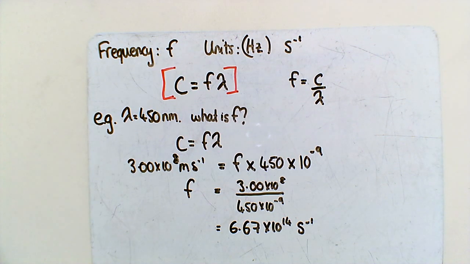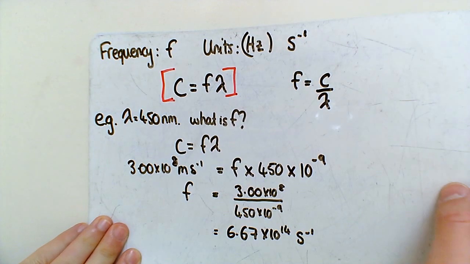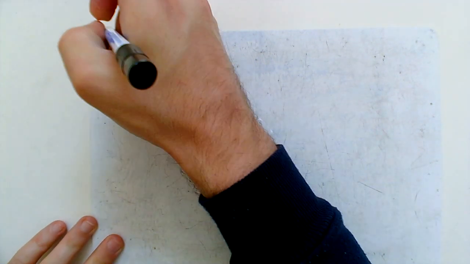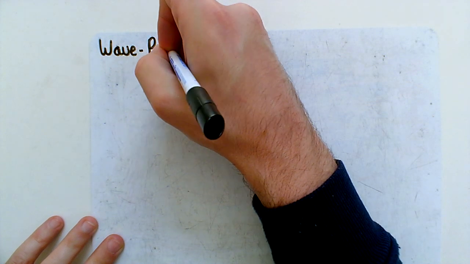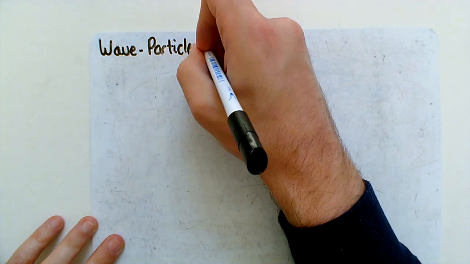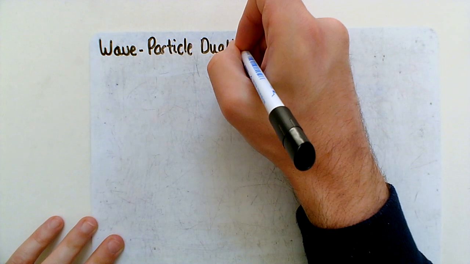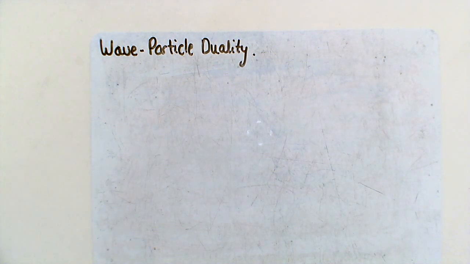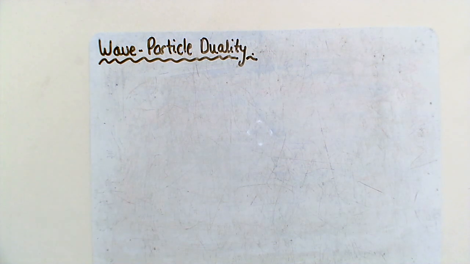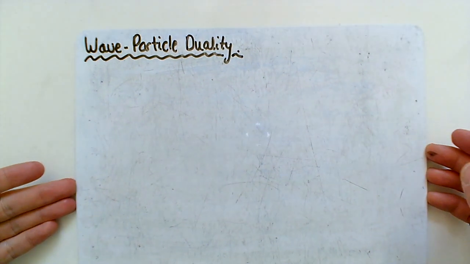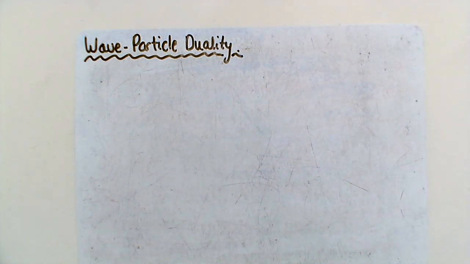Now, the next thing we need to discuss is a principle that can be quite difficult to get your head around, and it's called wave-particle duality. This is something that you will encounter in chemistry when talking about light and when talking about electrons.